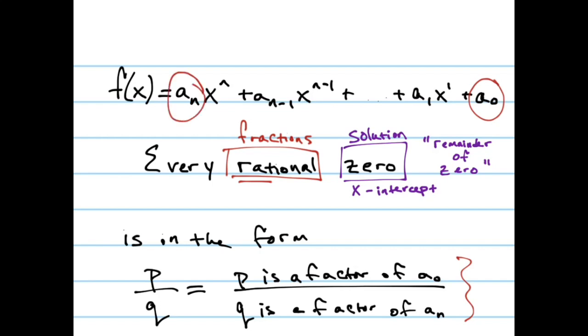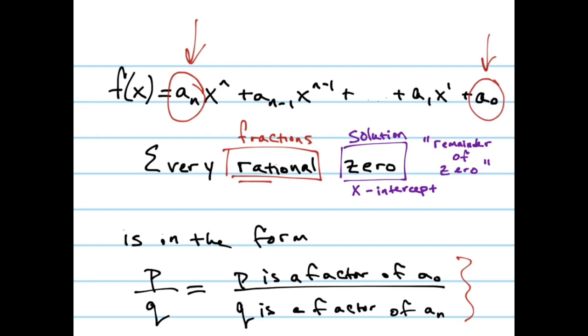And so if we have a rational 0, not every polynomial has a rational 0. In other words, not every polynomial has a solution that can be written as a fraction. Sometimes it's a weird radical. Sometimes it doesn't cross the x-axis at all, so we don't have a real solution. But if it does, it comes in the form of a factor of the constant term over the lead coefficient.